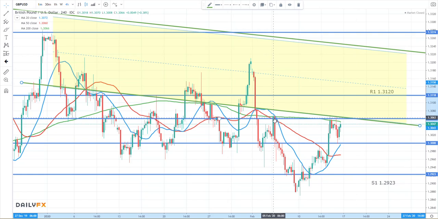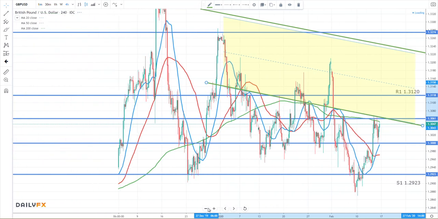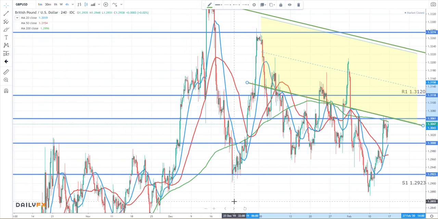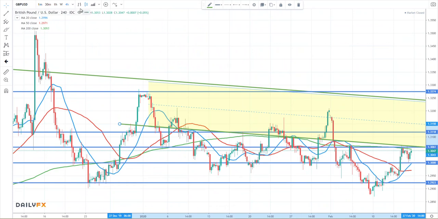A couple weeks ago, when price came up and touched that 1.3400, the very next week opened with a big giant bearish candle. So there's potential for that to happen again. If we see price fall, we'll have first support at 1.2923. And if we see a break below that, we'd be shooting for new lows.